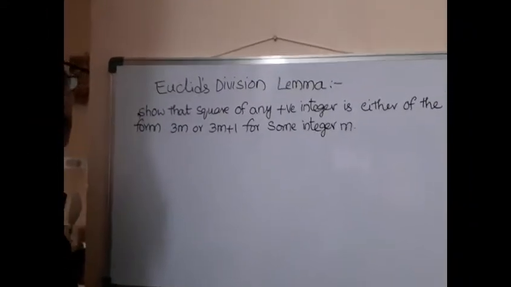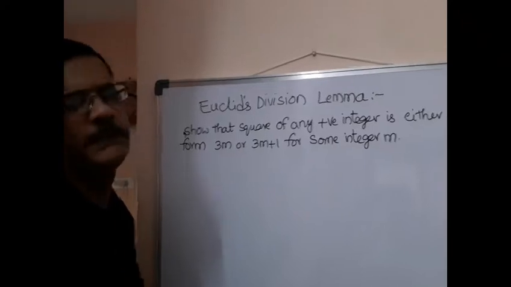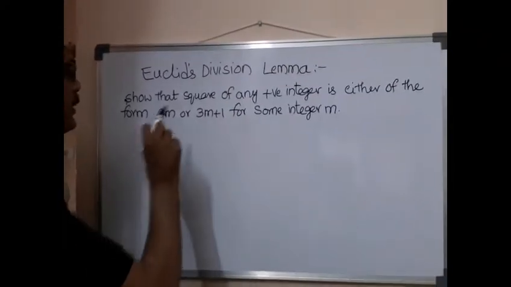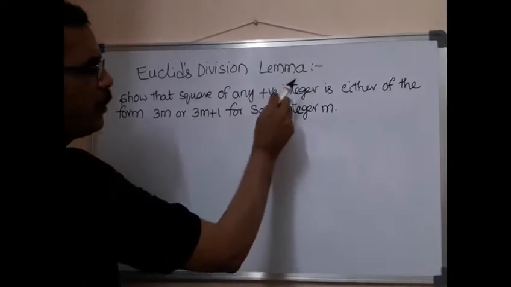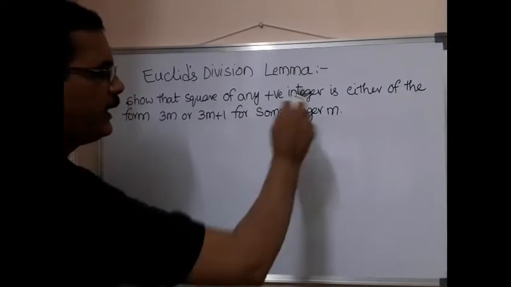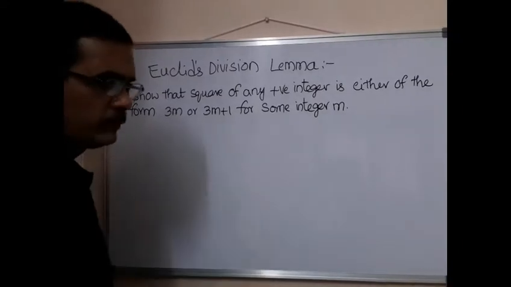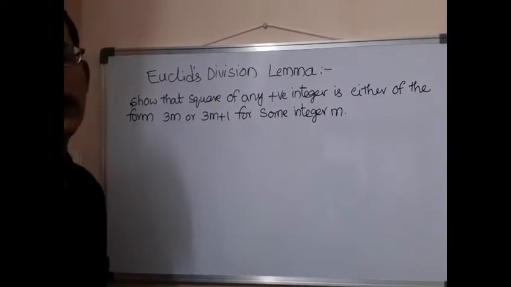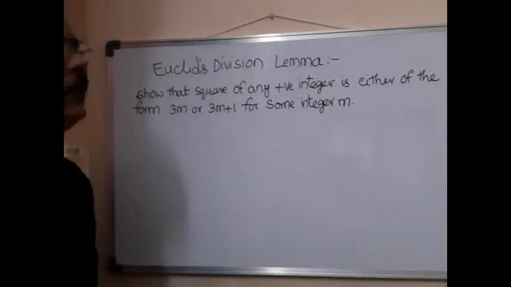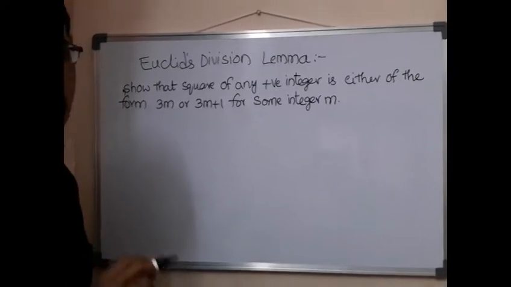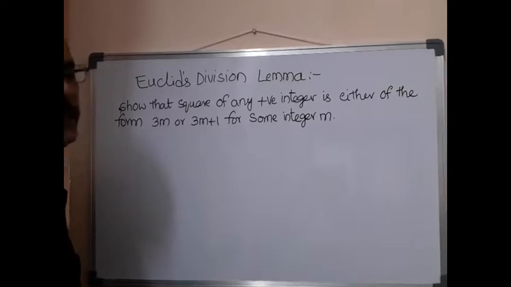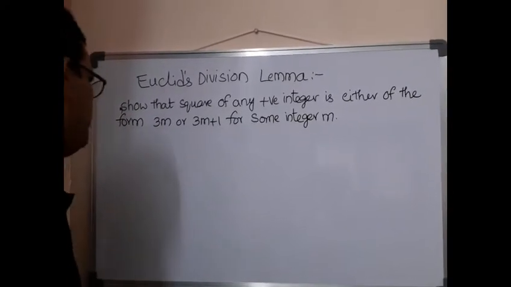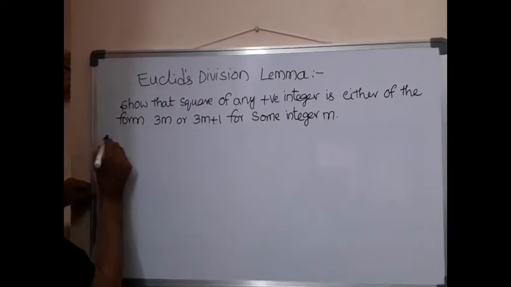Now we will do this problem using Euclid's division lemma. Very important problem. Show that the square of any positive integer is either of the form 3m or 3m + 1 for some integer m. Solution.